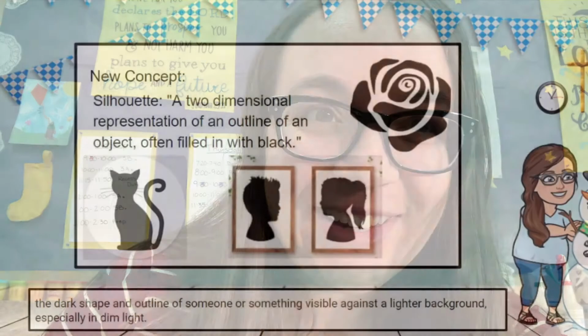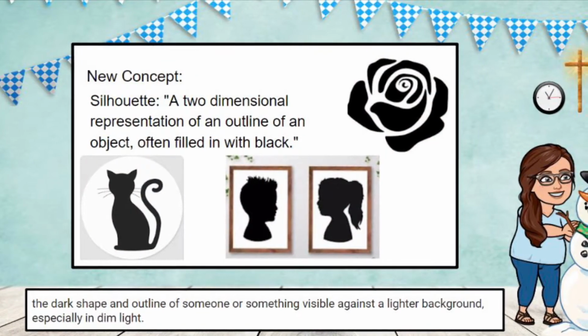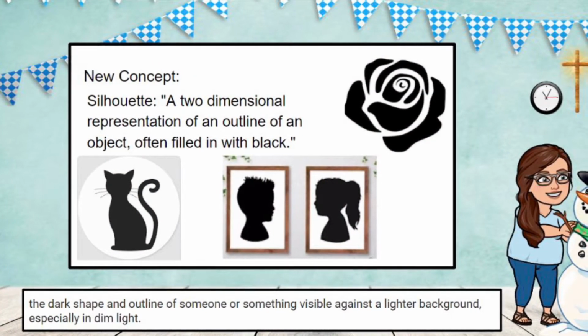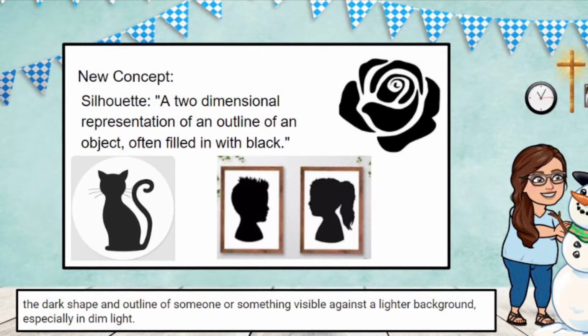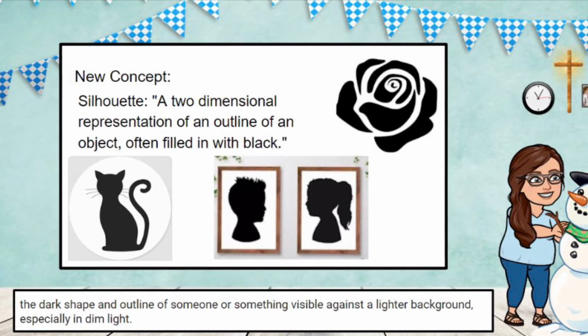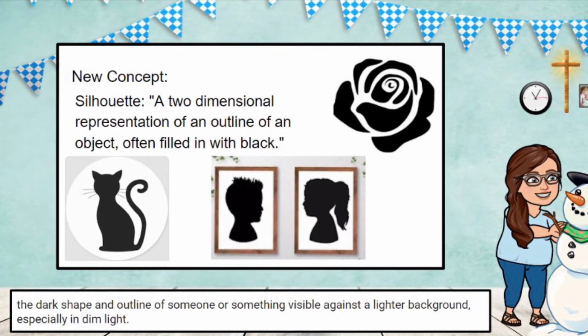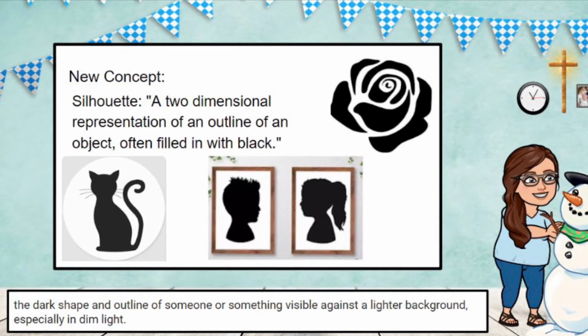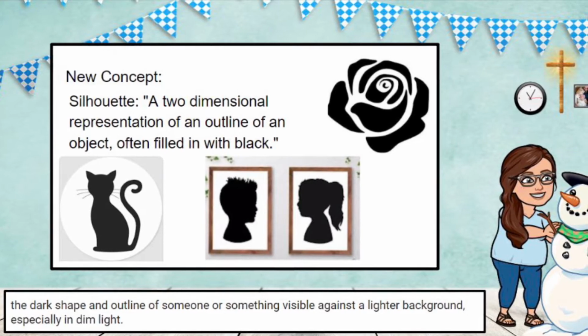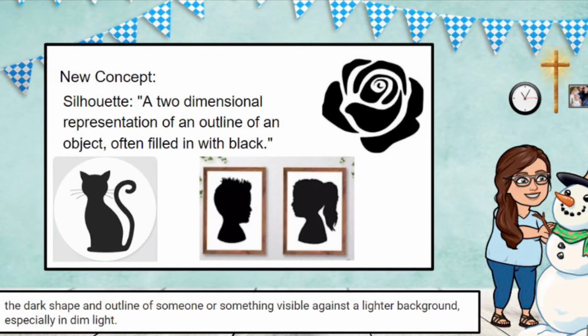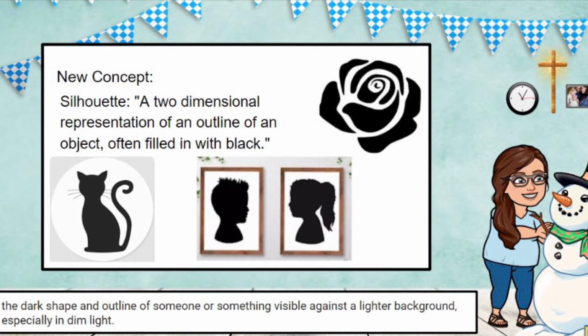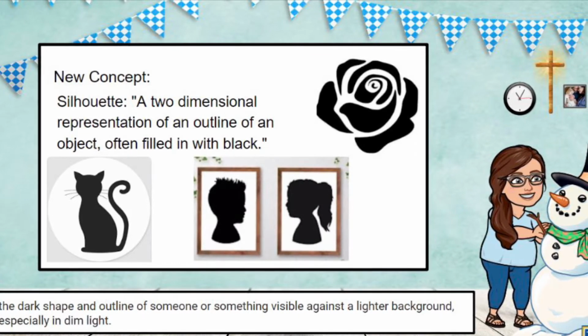Let's get started. Let's discuss that term silhouette a bit further. It's officially defined as a two-dimensional representation of an outline of an object, often filled in with black. So by the four images on the slide, I hope that you're seeing that each one of those is representative of a specific object. If we look at the one on the bottom left, I hope you see a cat, because that is a silhouette of a cat.